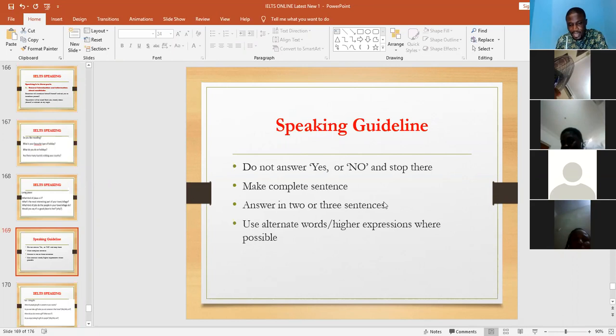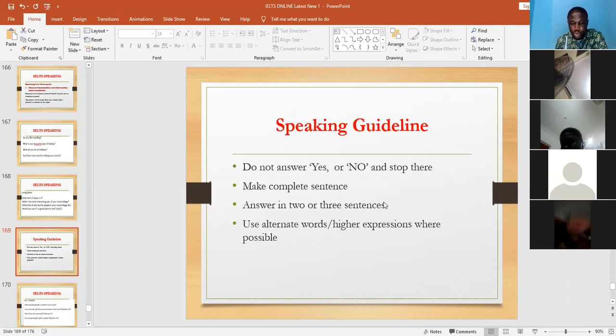I said answer in 2 or 3 sentences. The first aspect is normally short and brief. As a matter of fact, sometimes the examiner is in such a hurry that he or she wants you to speed up. Yes, I say answer in 2 or 3 sentences.